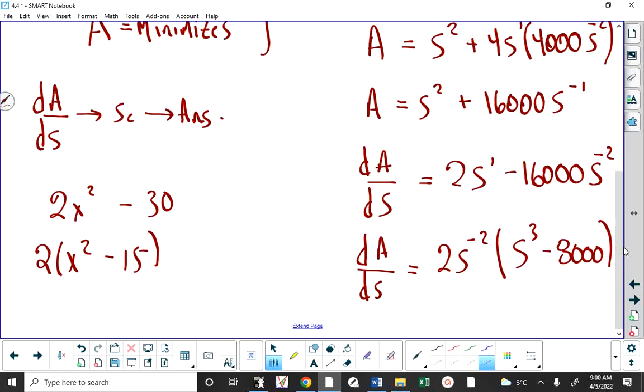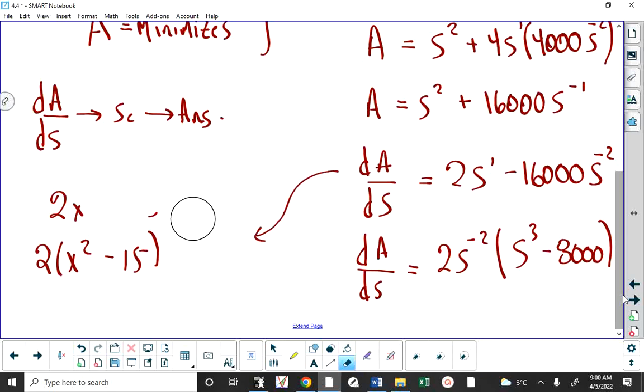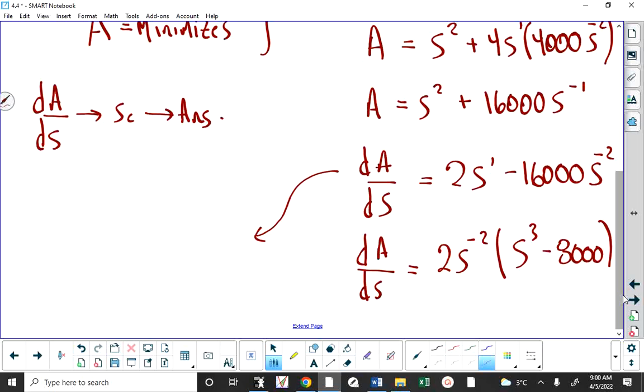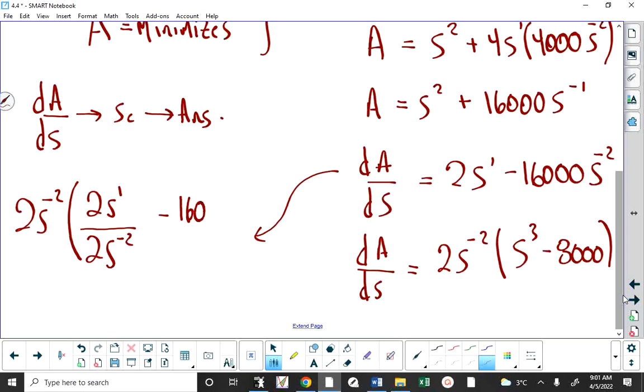So what's going on here? What's going on here is if I'm going to factor out 2s to the negative 2, then what I'm going to have inside will be 2s to the 1 divided by 2s to the negative 2, minus 16,000 s to the negative 2 divided by 2s to the negative 2.